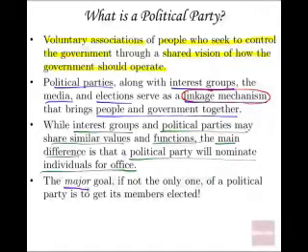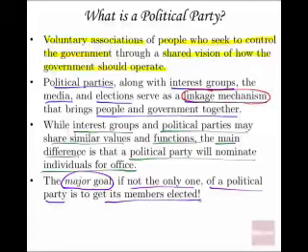So the major goal, if not the only one, of a political party is to get its members elected. So again, that's the number one overriding goal. So you can argue, what is the goal of a congressman?